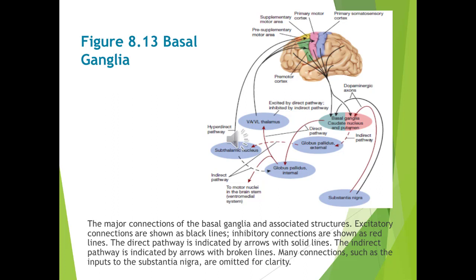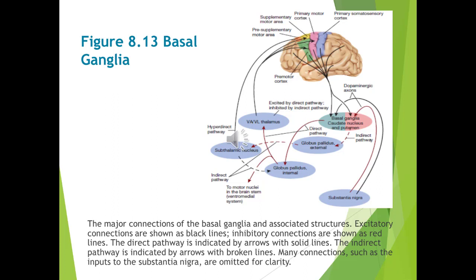What you can see in this illustration also is that there are direct excitatory pathways shown and indirect excitatory pathways shown. The direct excitatory ones go from cortical areas to the basal ganglia, the caudate nucleus, and putamen.